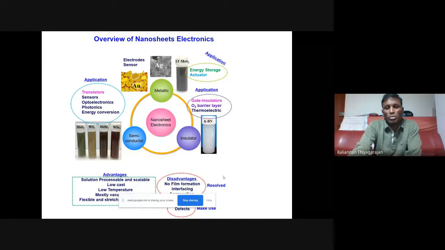So my aim is to solve those things. There is also the disadvantage of defects, and I use those defects to attach some polymer onto them, functionalizing the material at the defected part. That is what I'm going to do in the next slides.